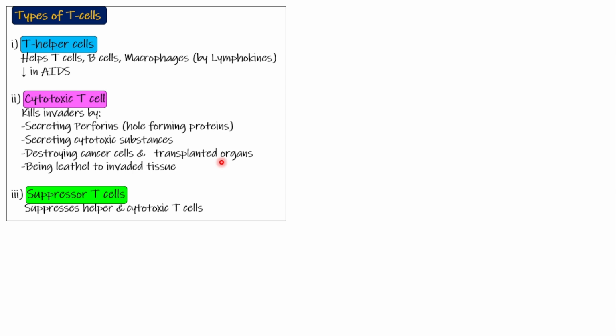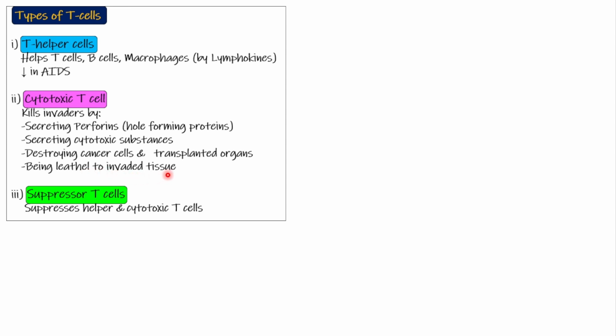Okay? But when they are forming the perforins, which are hole-forming proteins, forming holes in the membranes of the foreign bodies, and when they're secreting the cytotoxic substances, when they're destroying the cancerous cells and attacking the transplanted organs, along with all these, they are also lethal to the invaded tissue.